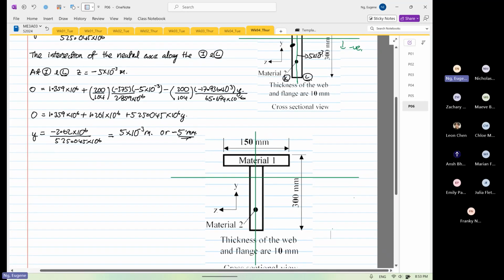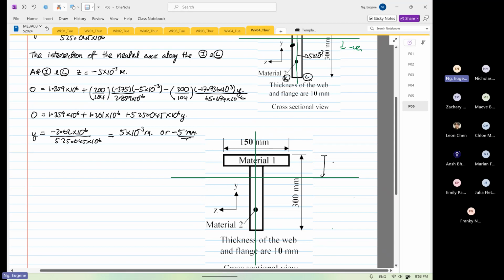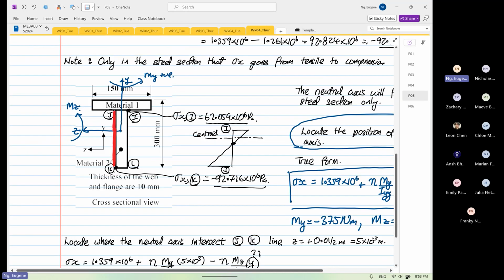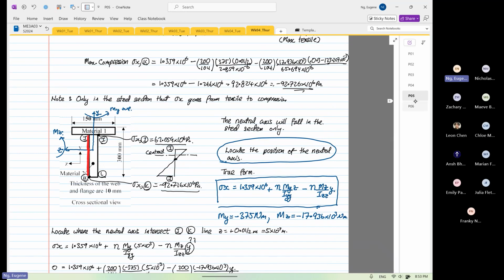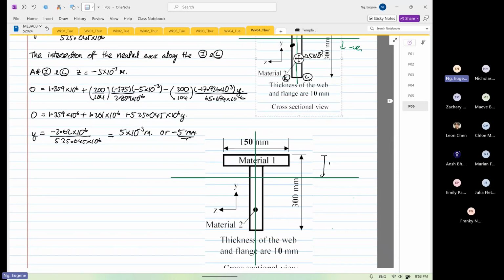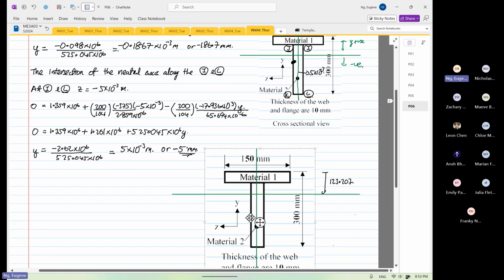We know the distance from here to here is 123.207. Let me check, yep, 123.207. So at one end it is 186.7.